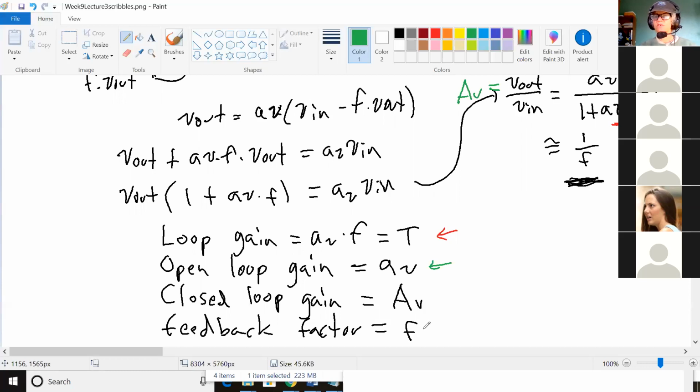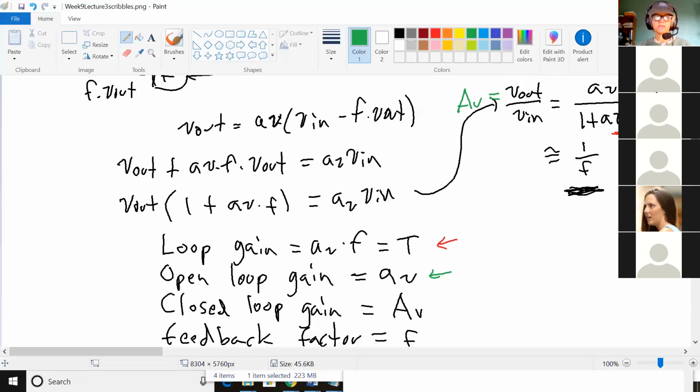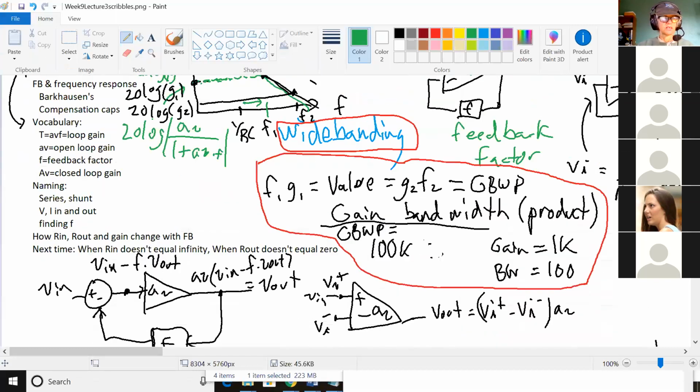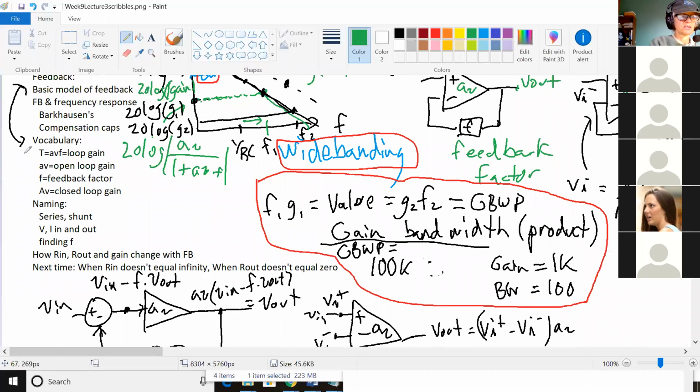And then the F is your feedback factor. So all of those terms show up in this kind of diagrammatic representation of your op amp. So that's terminology. So we've got loop gain, open loop gain, closed loop gain, feedback factor. So we've got vocabulary and basics.